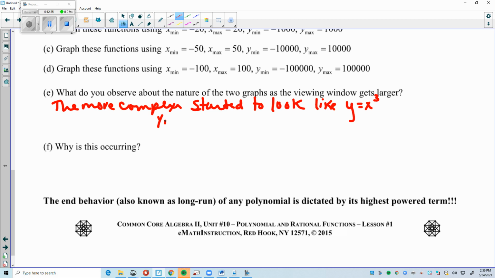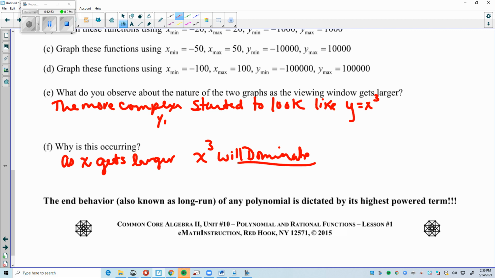Well, as our x value gets larger, x cubed is going to dominate. So as x gets larger, x cubed will dominate, meaning it's going to take over. It doesn't really matter what's going on with the rest of the graph. That x cubed is going to grow so fast that the rest of the graph is just going to peter out.